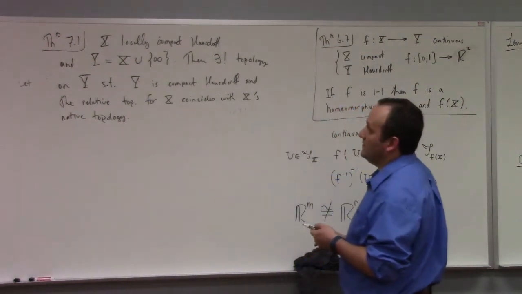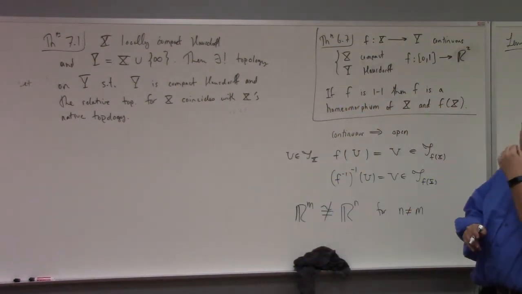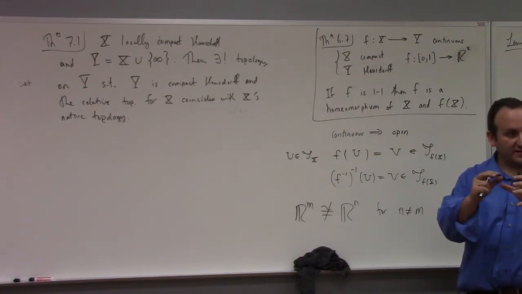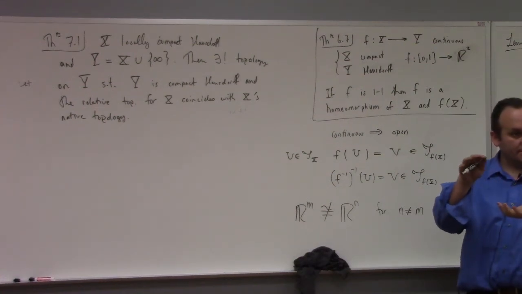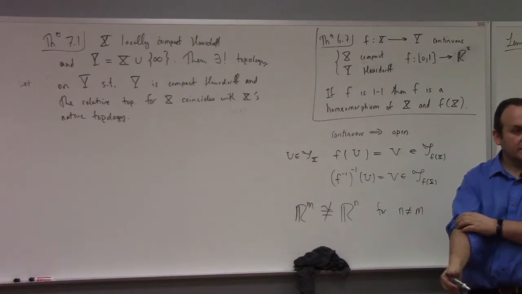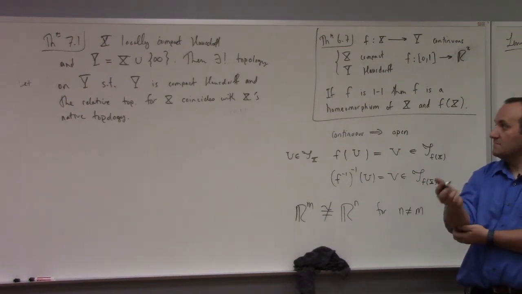So what this theorem says is that if you have a locally compact space, you can convert it into a compact space by just adjoining one point. This is the so-called one-point compactification of the space.